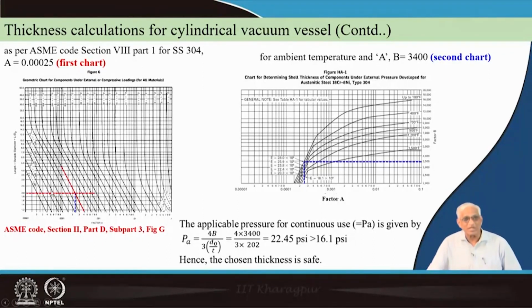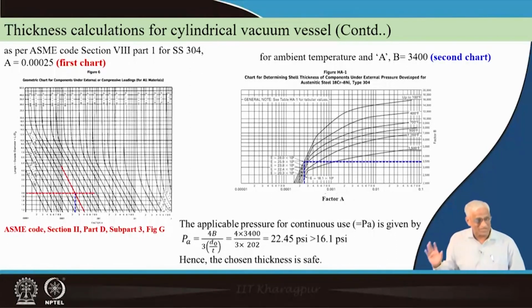So, these two parameters you can use here, and you have got different d naught by t curves here, 1, 2 varieties of curves, for which you have to take for different L by d naught things and calculate a factor known as A factor. Don't get into details of the ASME code.